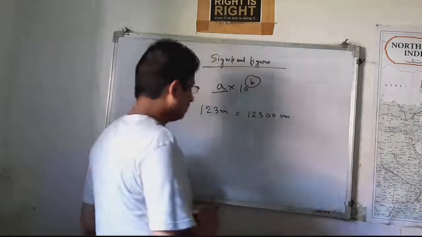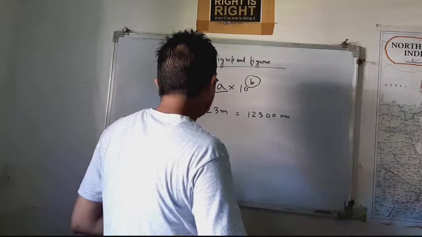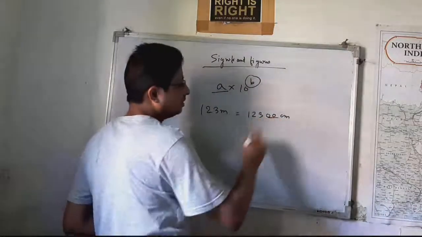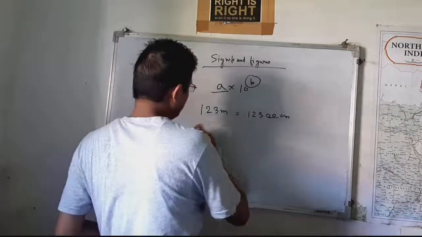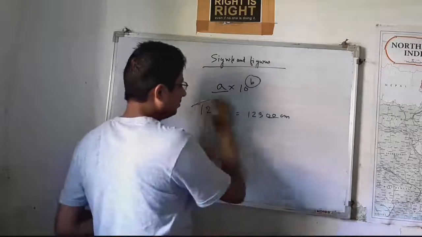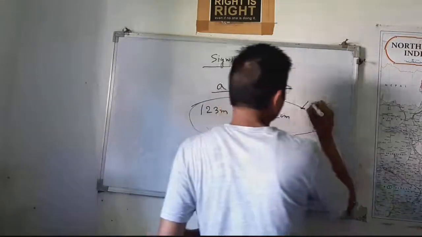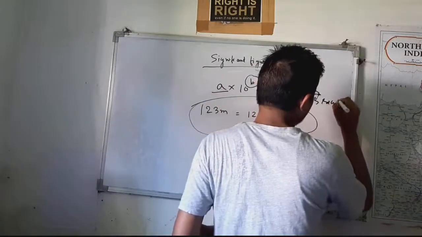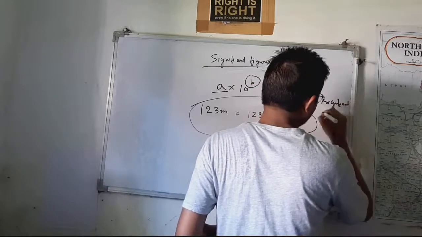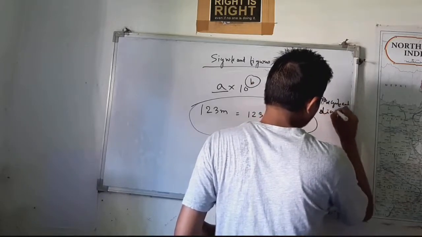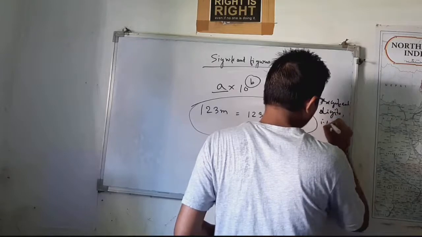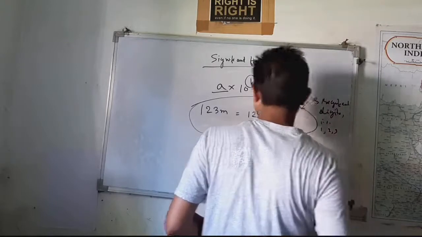We know that here these two zeros are insignificant, and in this example there are only 3 significant digits: 1, 2 and 3.